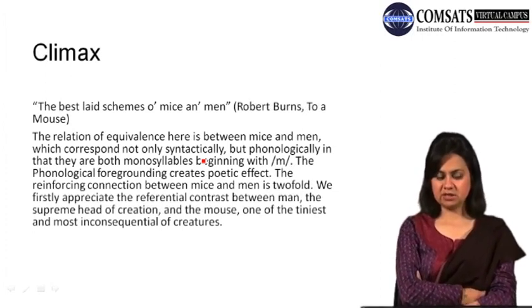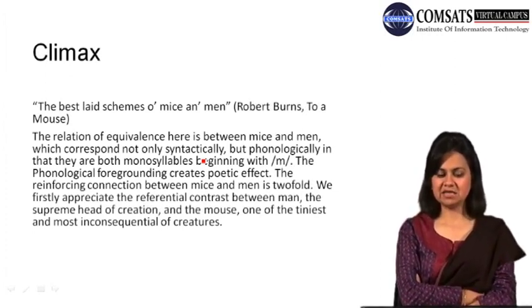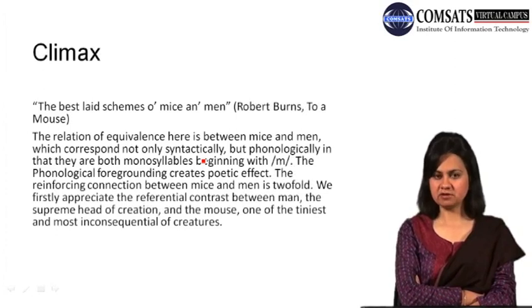Now here you see the best laid schemes, O mice and men. We see the relationship of similarity between the two objects, that are mice and men. Now, there is similarity.